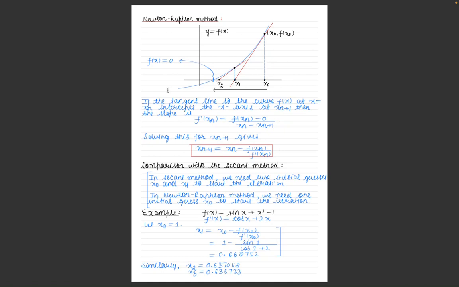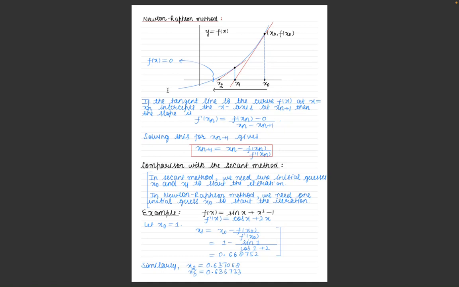So this is the first iteration. Similarly, I have computed several iterations. Your x2 will be approximately equal to 0.637068, and using this, your x3 will be 0.636733.